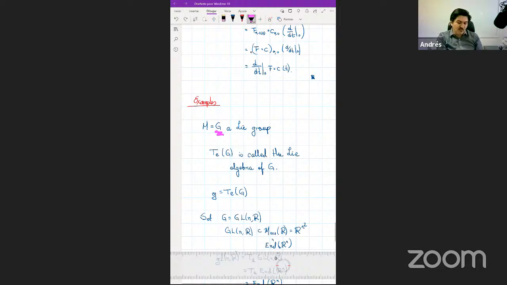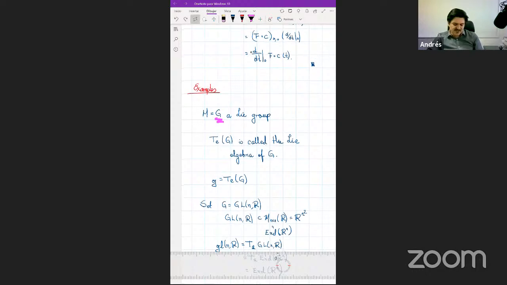And remember what we have seen. This is an open set here. So the tangent space here is the same as the tangent space there. Okay? So the tangent space, the Lie algebra, we write it like this, is the tangent space here.